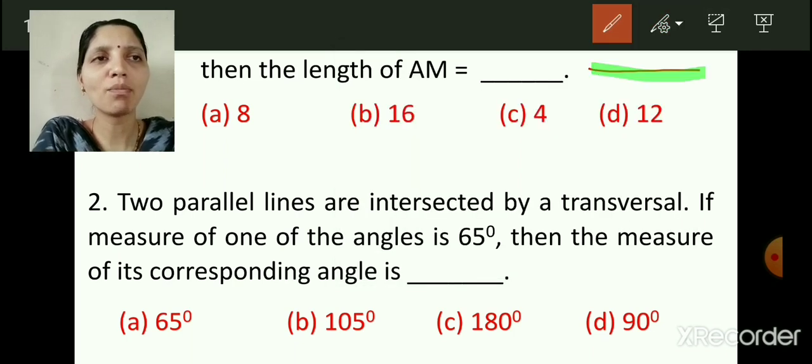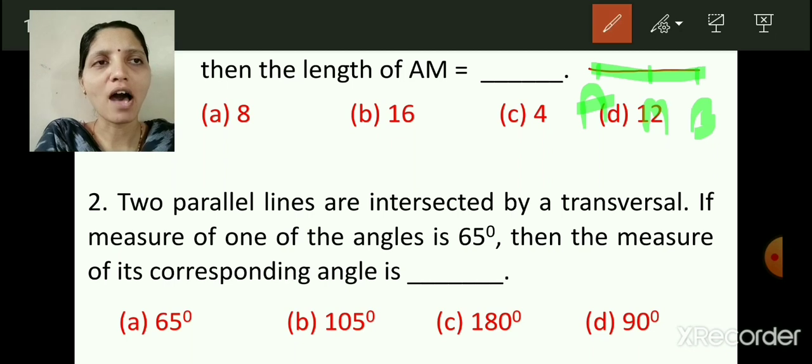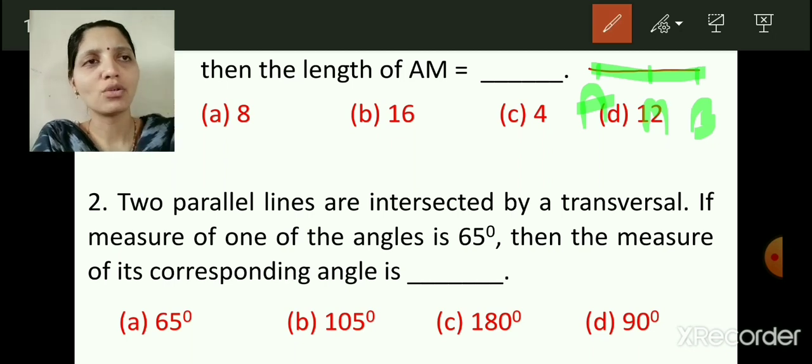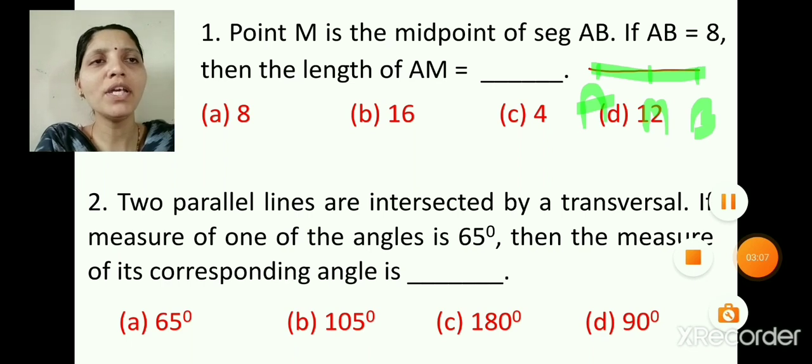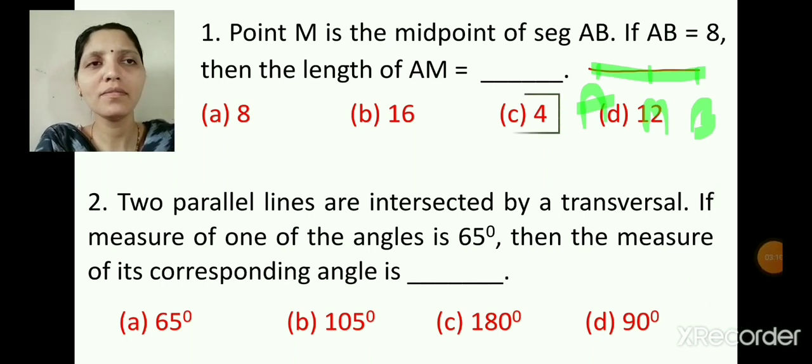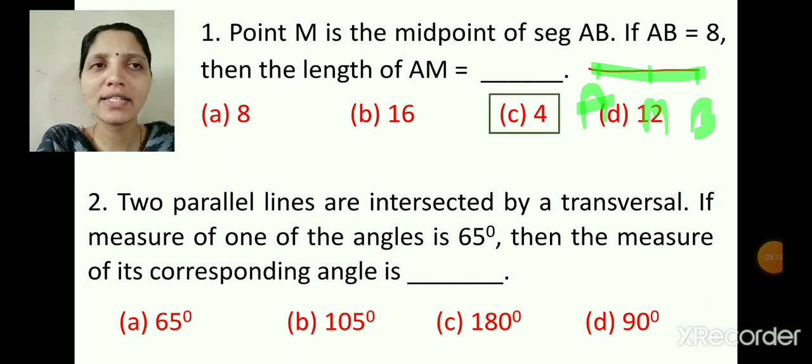So suppose this is segment AB and M is the midpoint. So if AB is 8, what will be the length of AM? Half of AB. So half of AB means your answer will be option C, 4. Is that clear to all of you?